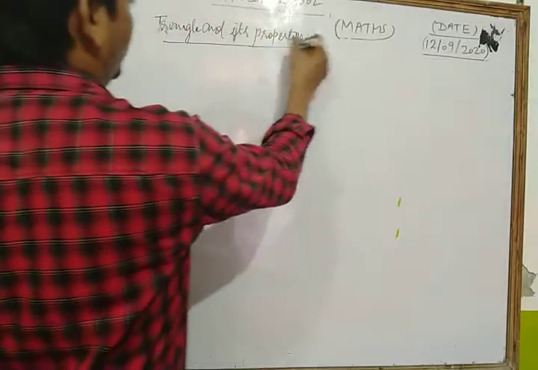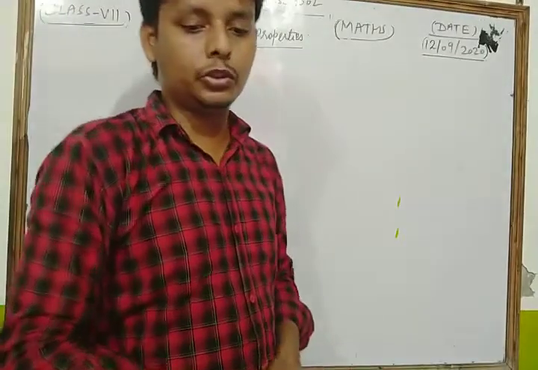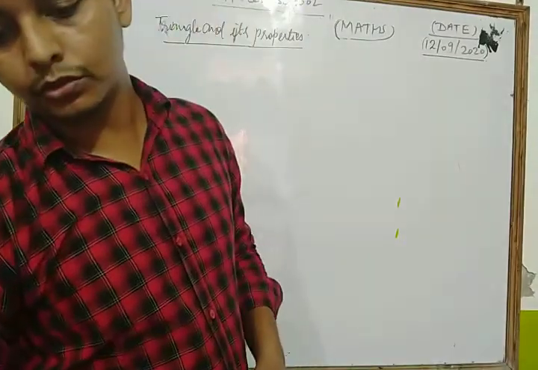Now we discuss the next topic of your chapter, which is two special triangles, equilateral and isosceles.